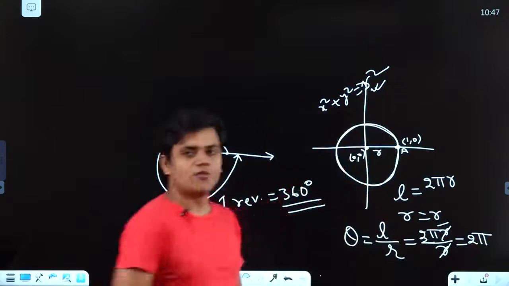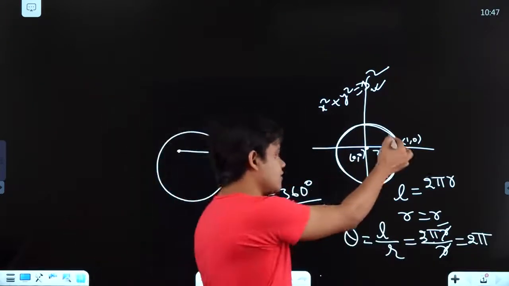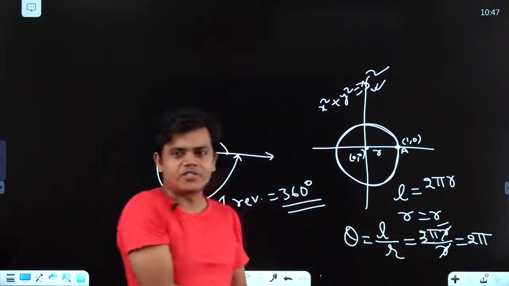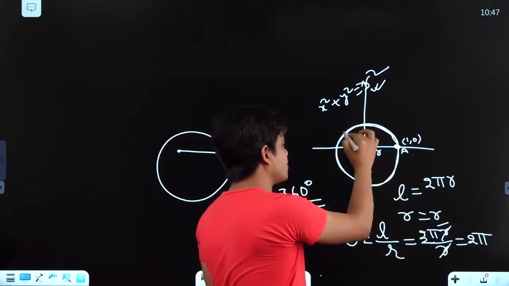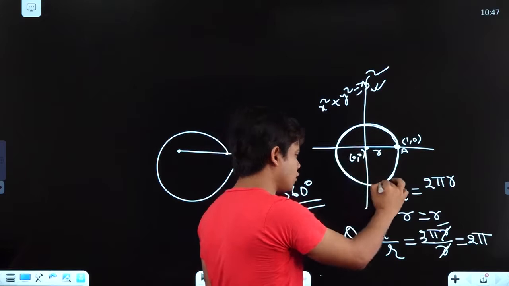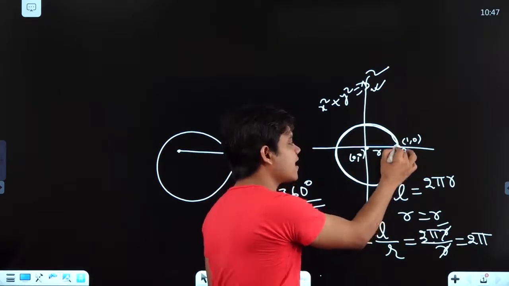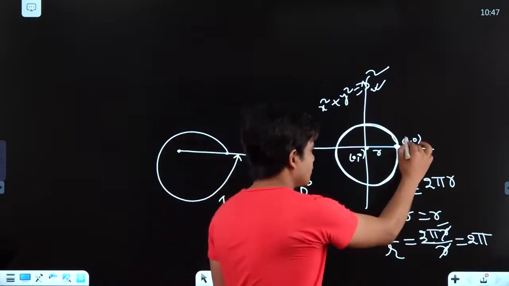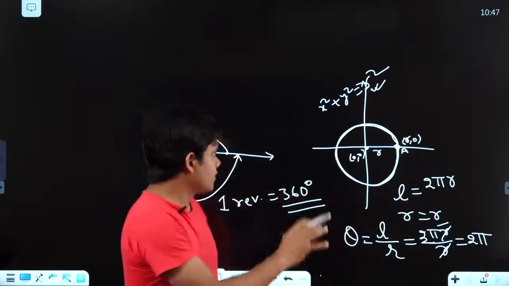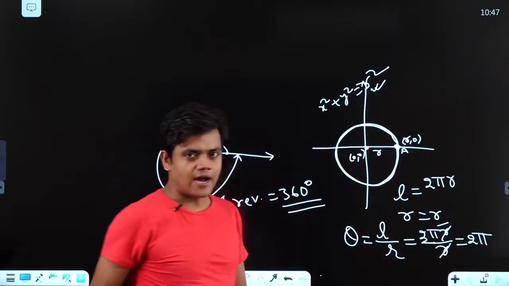So we have seen that in a complete revolution, this is also a kind of complete revolution, because you have started from this point and after moving along this circle, we have reached again at A. So call it (r, 0), I have taken the radius as r.